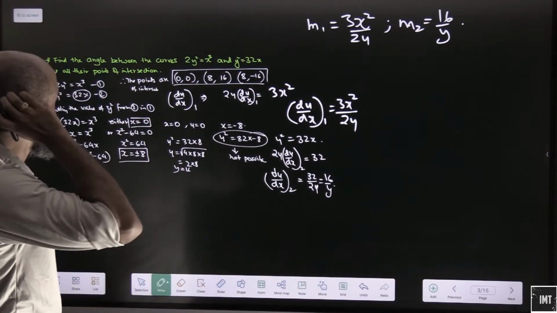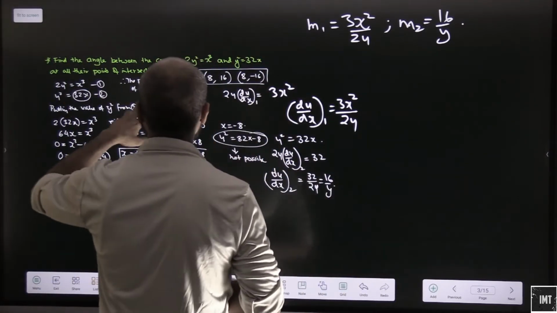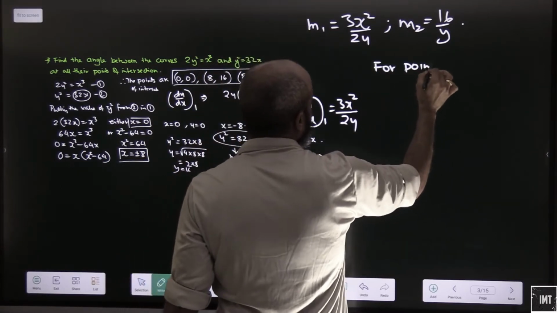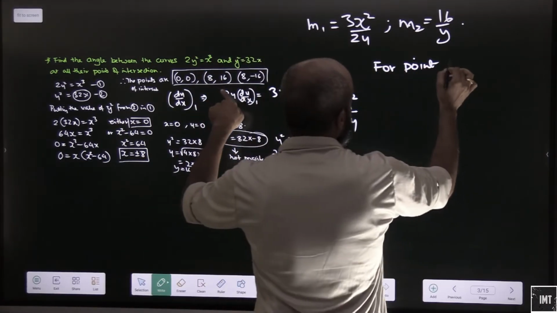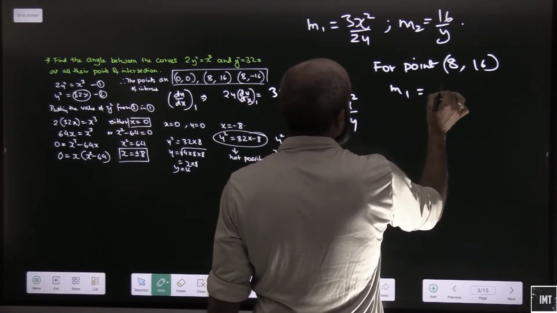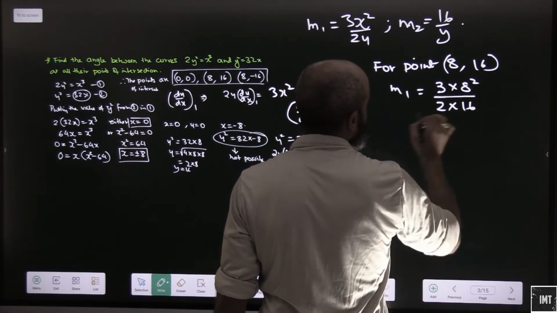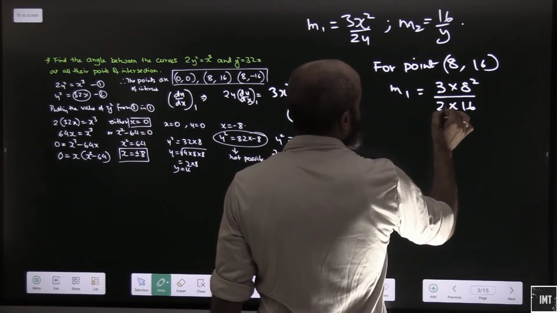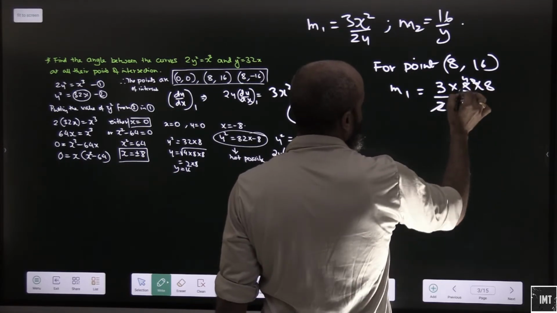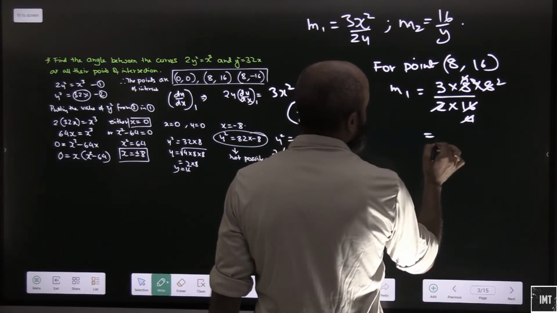So if we were to calculate at the point of intersection, let's say (8, 16), what will be m1? m1 will be equal to 3 into 8 square upon 2 into 16, so that's going to be how much? 3 into 8 into 8 upon 2 into 16: 8 1s are 8, 8 2s are 16, 2 4s are 8, 2 2s are 4, 3 2s are 6. Yes, that's what we're getting.